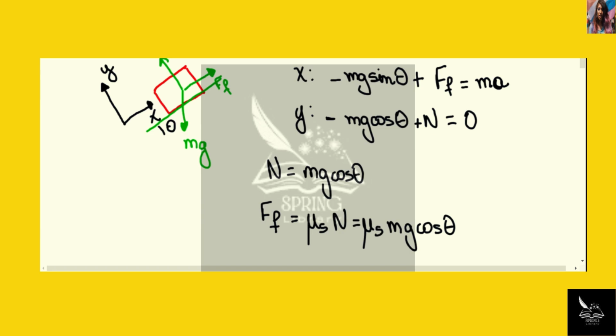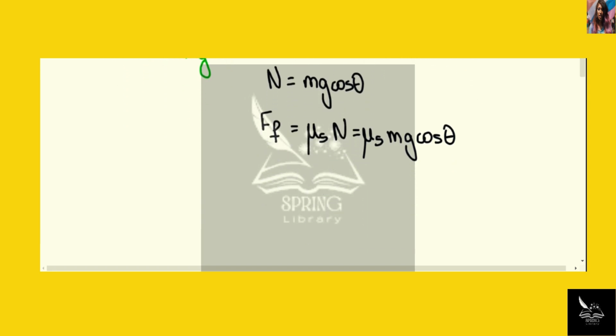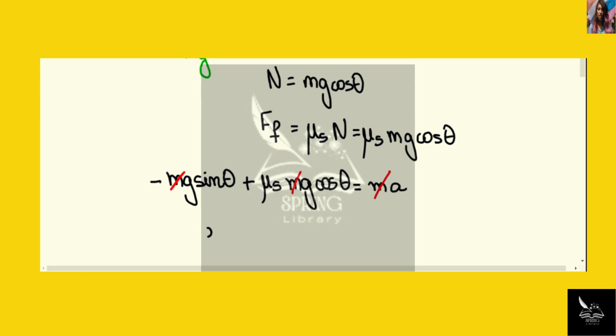So if we substitute this into the equation for the x component, we have minus mg sine theta plus mu s mg cosine theta is equal to the mass times the acceleration. So the masses cancel out. So we get the acceleration.